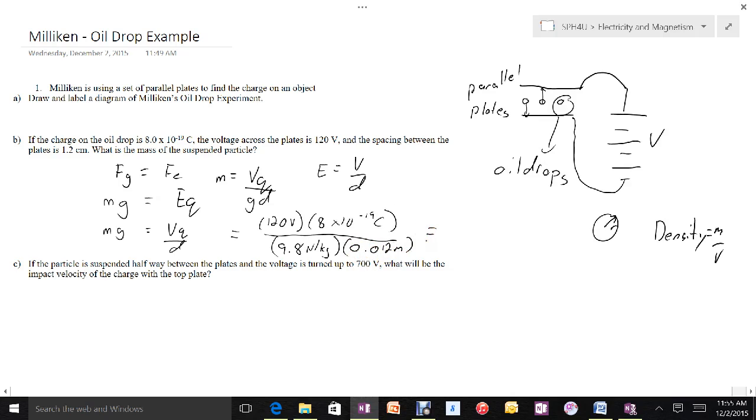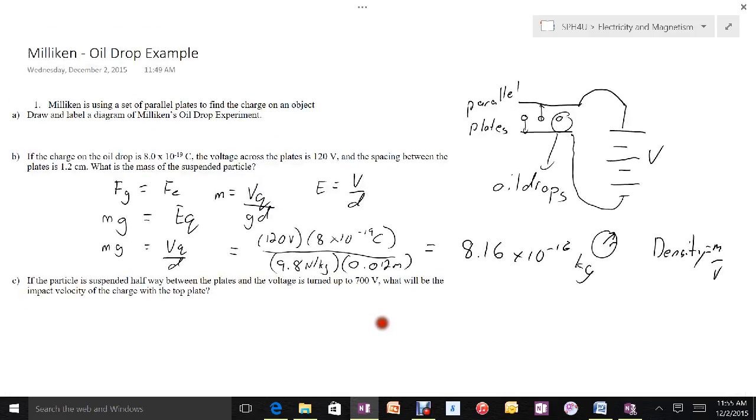This is just calculator work. 120 times 8 exponent negative 19 divided by 9.8 divided by 0.012, and I have a mass for my oil drop of 8.16 times 10 to the negative 16 kilograms. That would be the size of oil drop that would have been suspended in that situation.